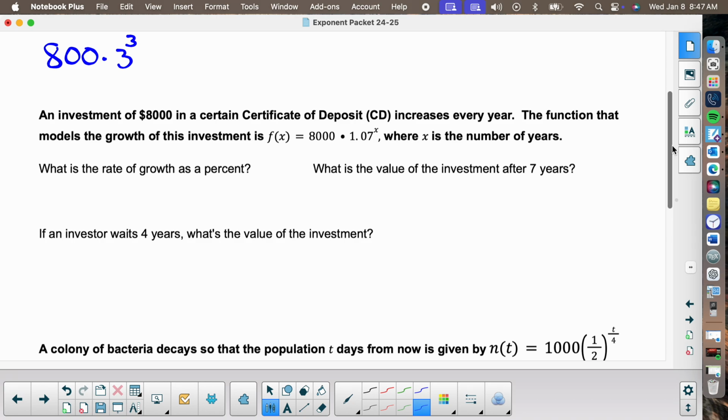So the money one is going to be very similar. This is how much money you started with. All of these problems are set up similar. They just all stand for different things. The 1.07 means you're going to have 7% growth.